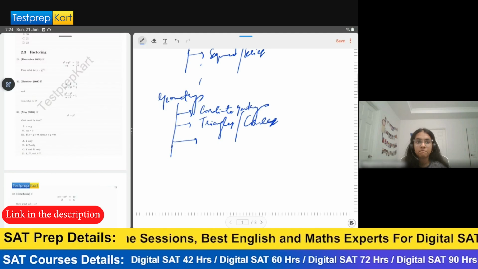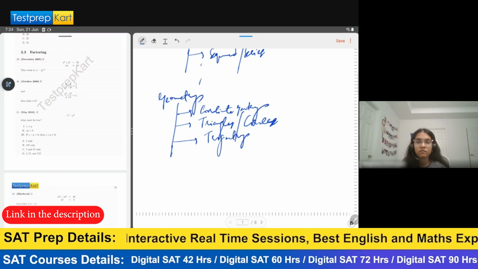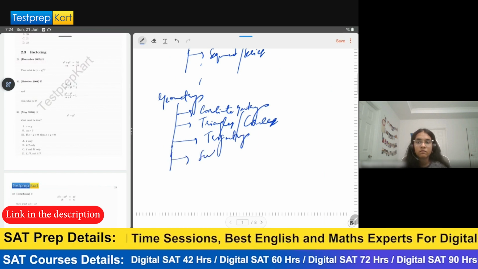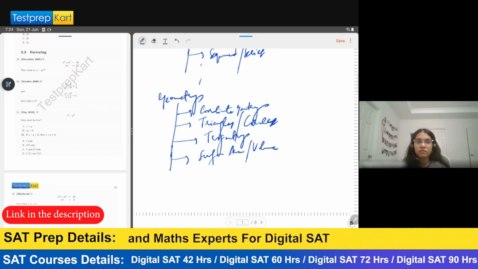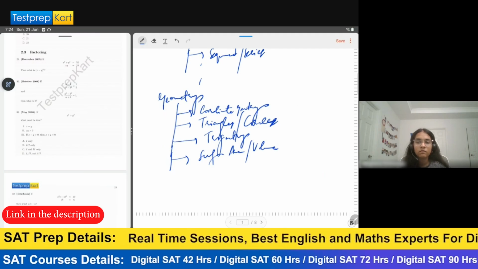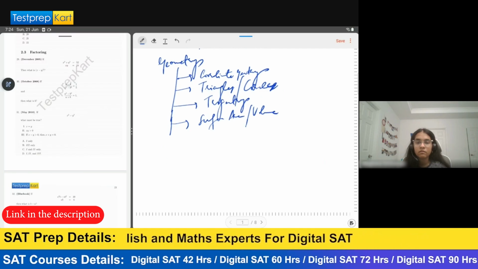Then trigonometry, obviously. Then surface area and volume of solids like cylinders, cones, cuboids. We learn how to figure out the surface area and volume of all these shapes.